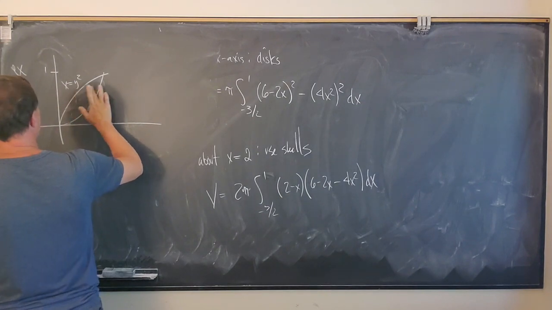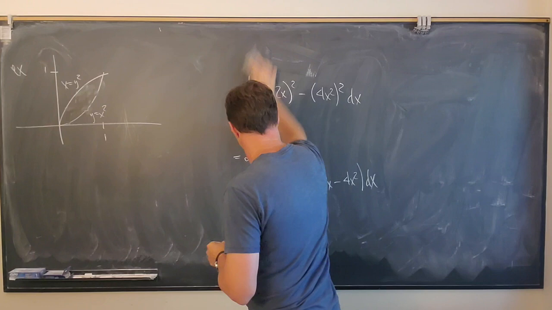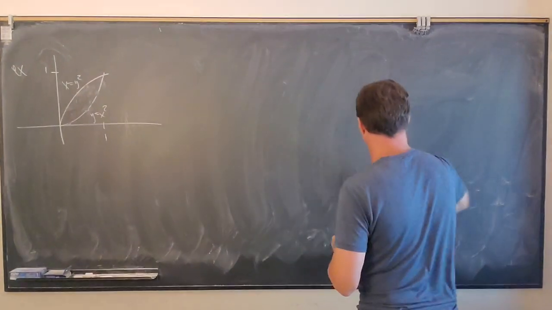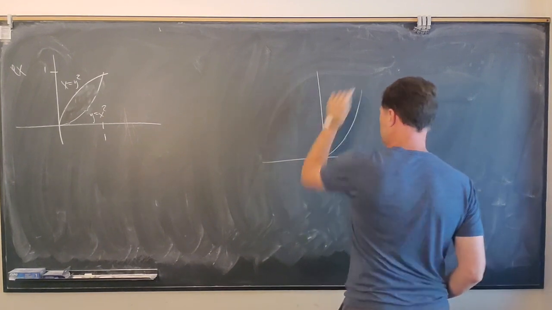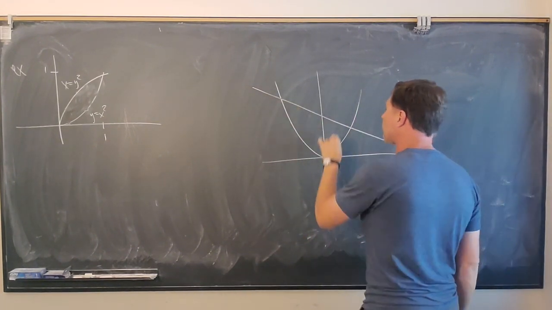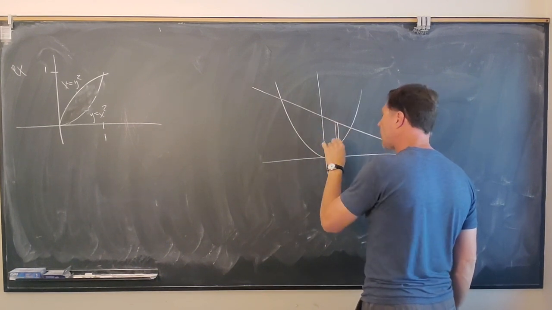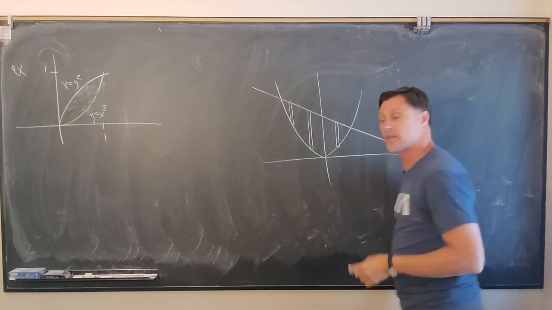Before I do this example, let's compare with the picture that I drew just a minute ago. It looked like this. Now, if I draw a vertical rectangle, no matter where I draw it, that rectangle is going to hit both graphs exactly one time.